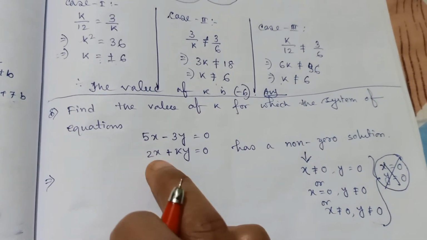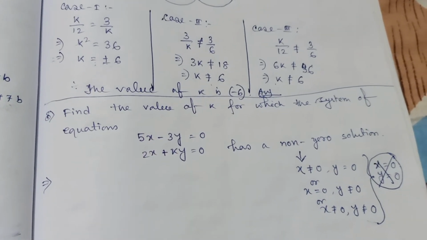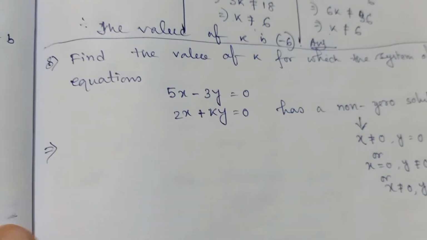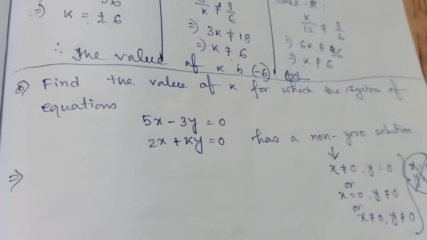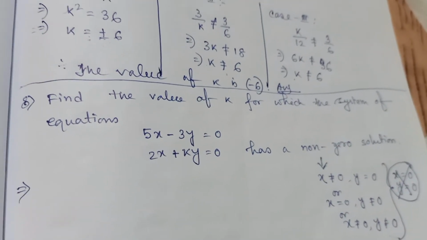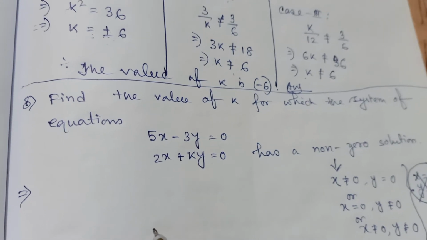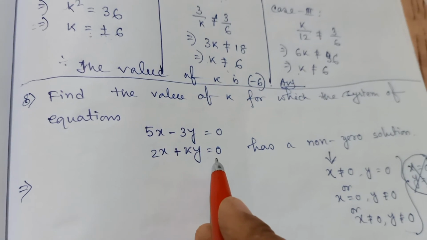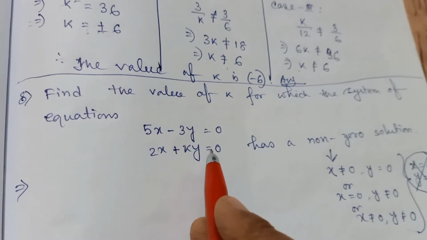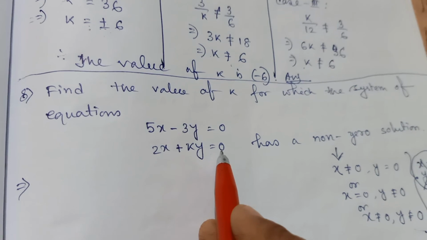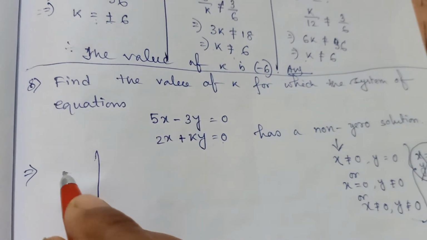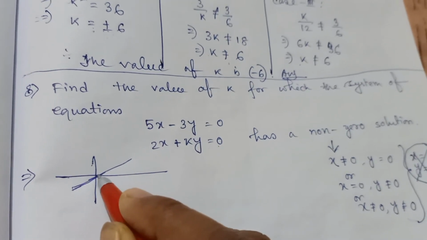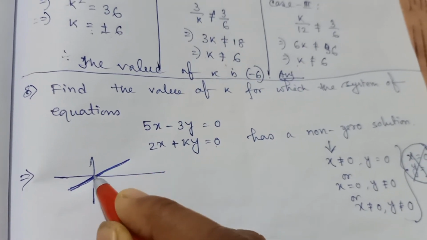Now, what do these two types of equations say? Just understand, if you have the constant part 0, there is no constant part in any equation, so the lines will always go through the origin.